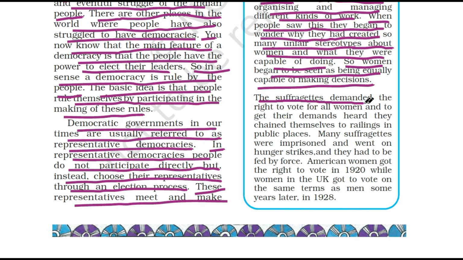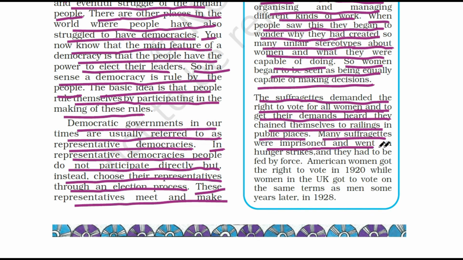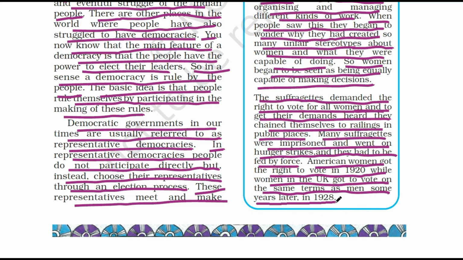The suffragettes demanded the right to vote for all women, and to get their demands heard, they chained themselves to railings in public places. Many suffragettes were imprisoned and went on hunger strike, and they had to be fed by force. American women got the right to vote in 1920, while the women in the UK got to vote on the same terms as men some years later, in 1928.